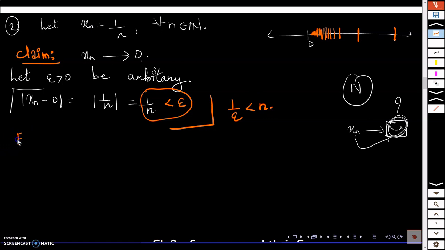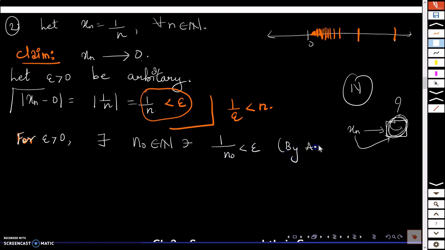So for this epsilon positive, there exists some natural number, let's say n naught, such that 1 upon n naught is less than epsilon. This is coming by the Archimedean property.